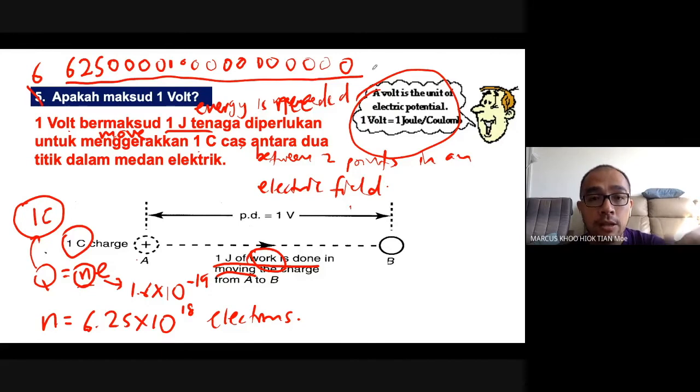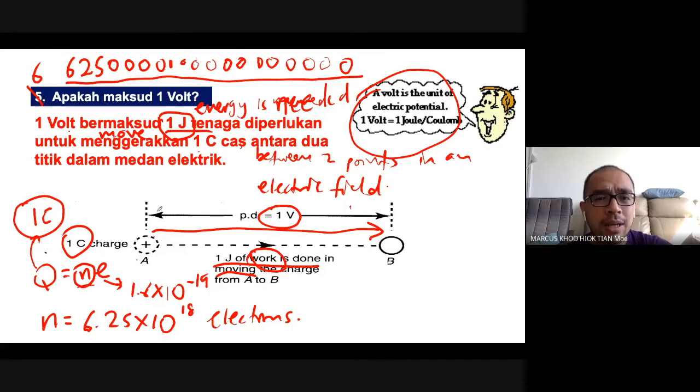And so between 2 points, if it is 1 volt, it means you're using 1 joule of energy to make 625,000,000,000,000,000,000 electrons travel from here all the way to here. And that's quite amazing.